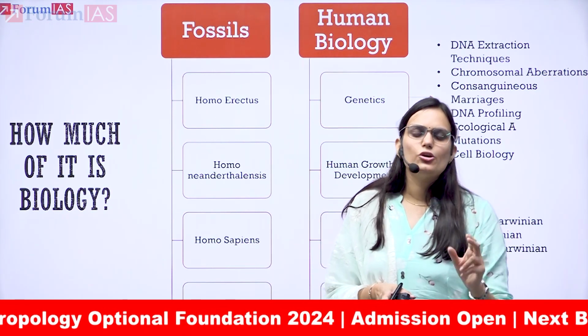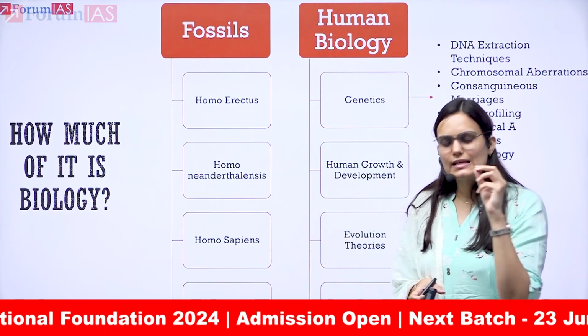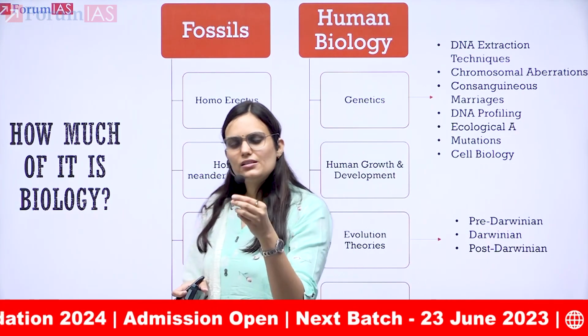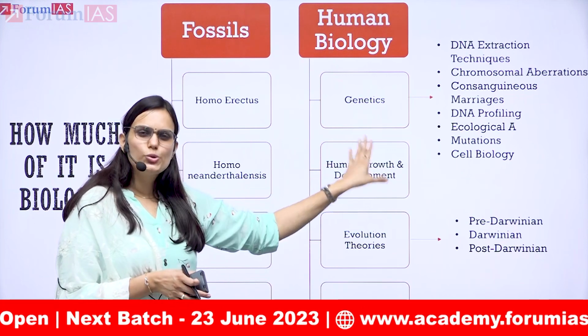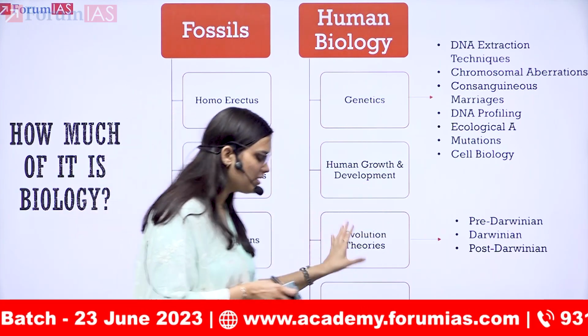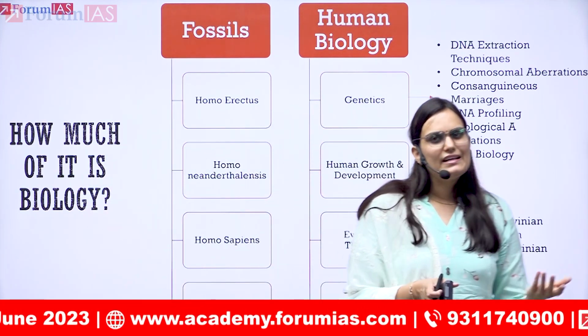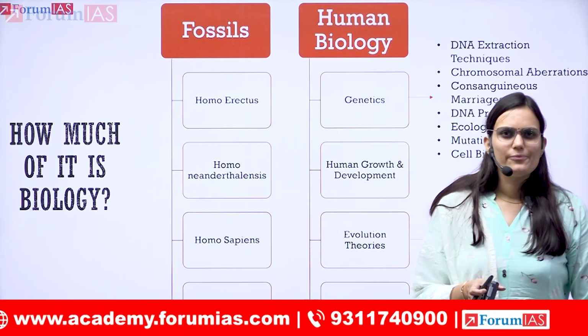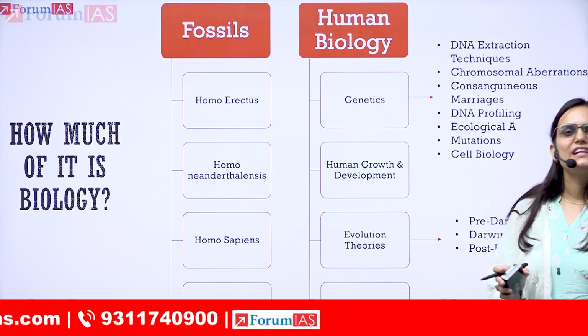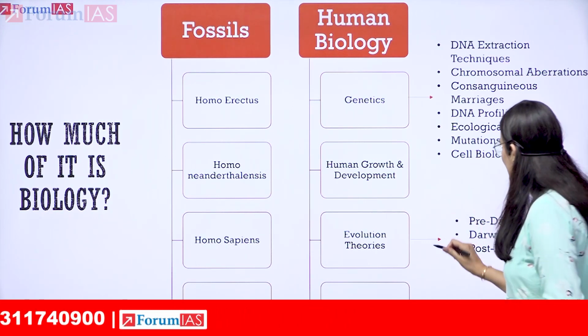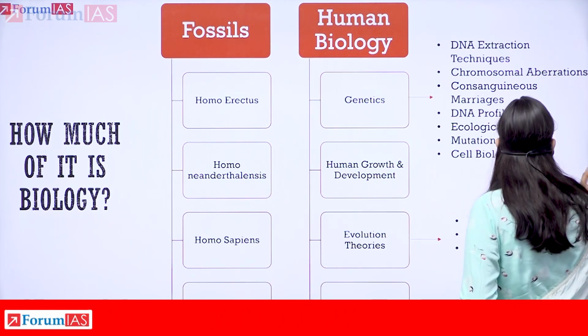The second part of biological anthropology is related to certain biological key concepts like genetics, human growth and development, evolutionary theories, and RDT or genetic engineering, which you might have otherwise also studied as a part of science and tech, right?